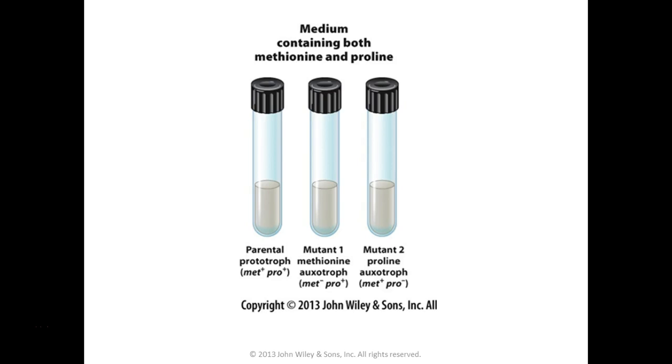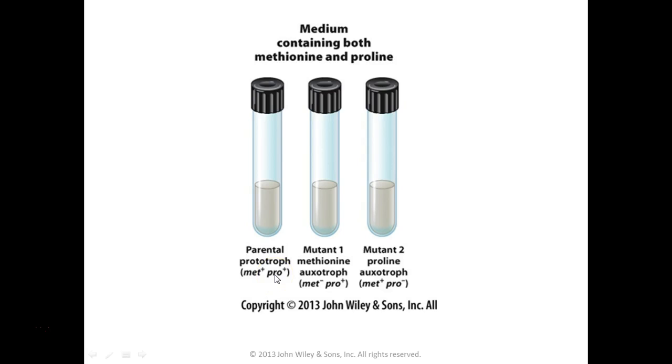That DNA is not right. You can't make that enzyme. You therefore cannot turn one amino acid into another, correct? So, this guy, by the plus symbol, he can convert and make methionine, and he can make proline.